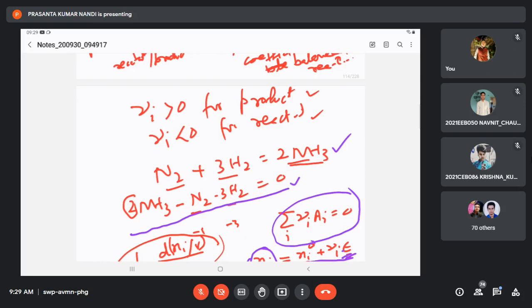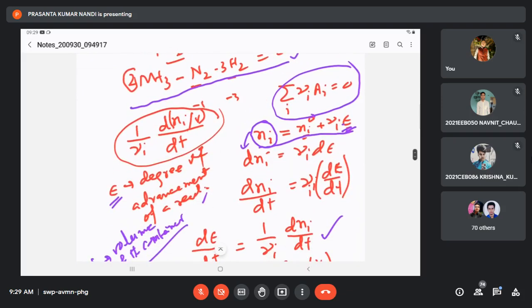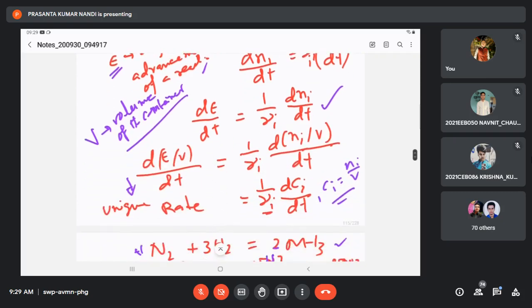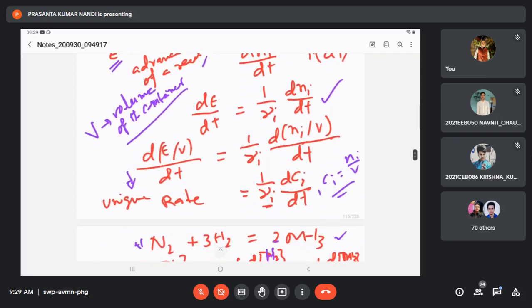So if you specify the reaction rate with respect to a particular reactant, then it seems as if the reaction rates are different. So that's why we had to propose the unique rate of the reaction. How can we define the unique rate? We can define it irrespective of the reactant, whether in terms of any reactant or any product, in an expression that we call the unique rate.